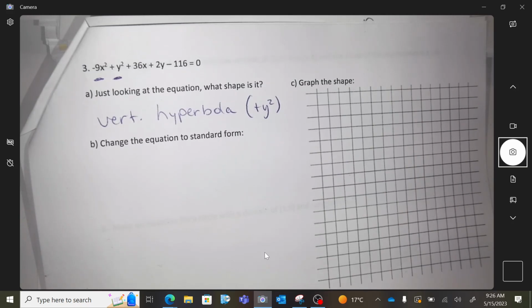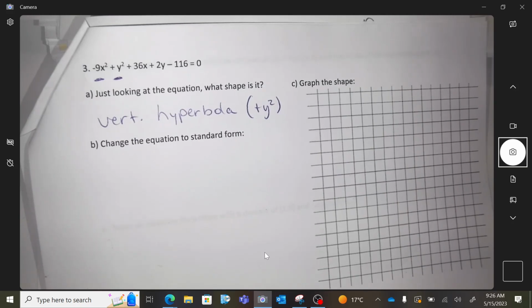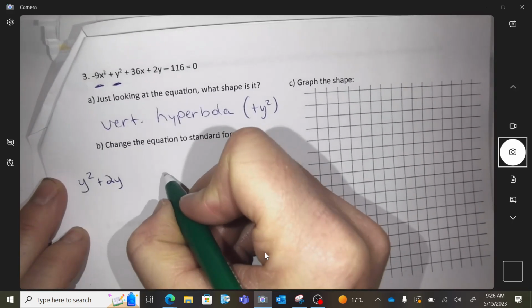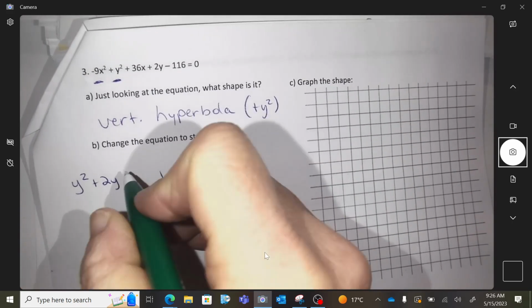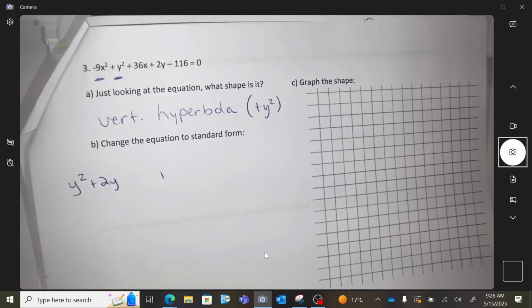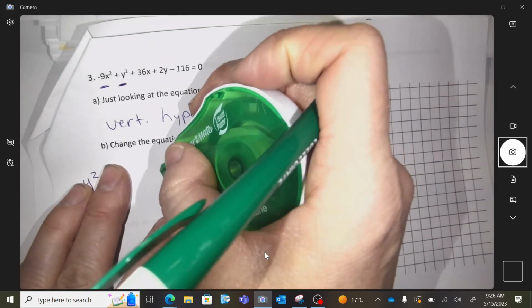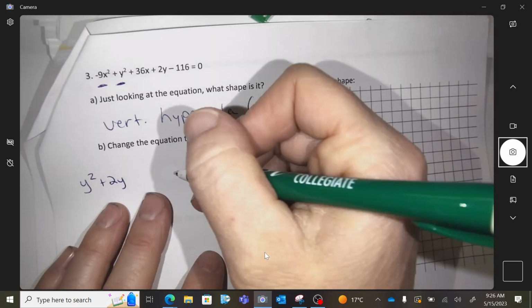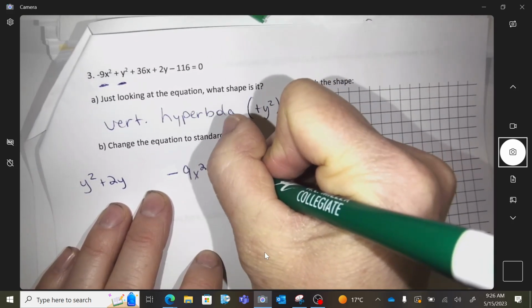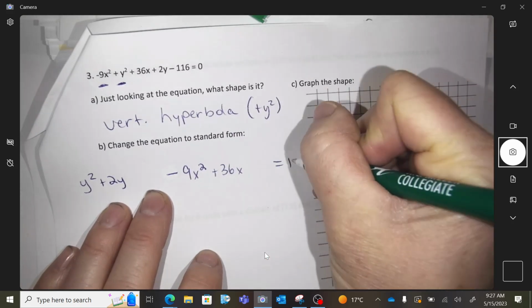Okay, I'm actually going to rewrite this with grouping my y's first. So y squared plus 2y. You don't have to, but it probably would look better, minus, and then group the x's, move the number.